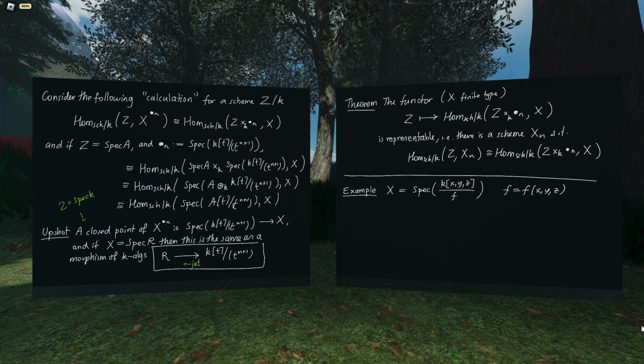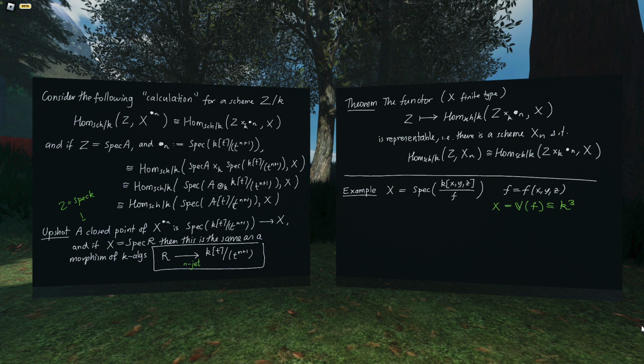Okay, so saying X equals Spec of this. Another way of saying that is that X is the vanishing set of f inside k^3, just viewed as a scheme rather than as just a set of points. So this object V(f) is what X is.